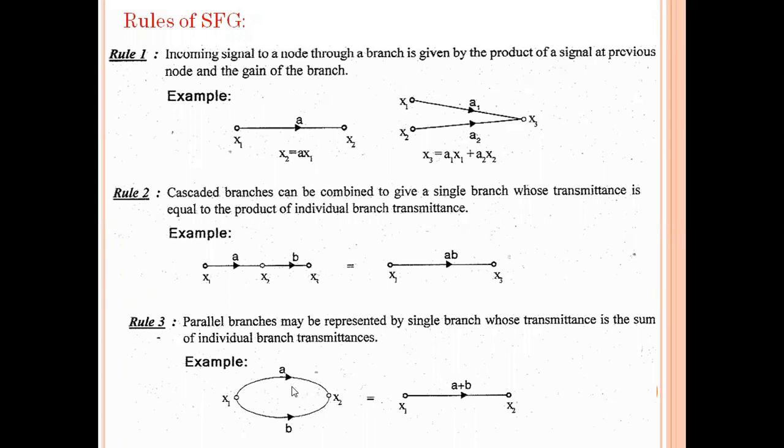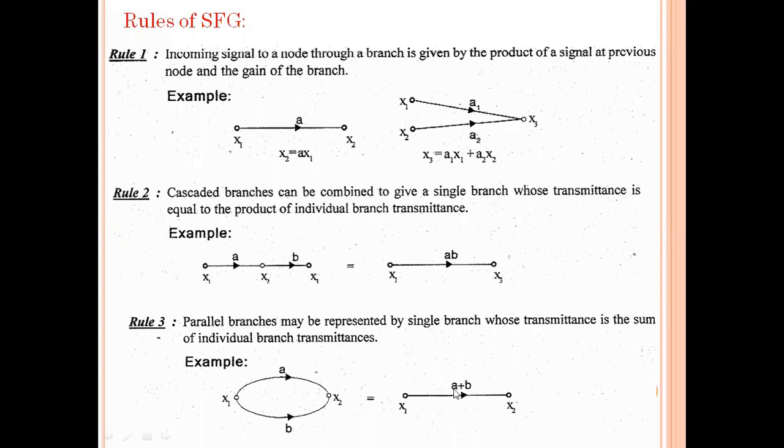That means these two are in parallel. So when we see parallel connections, the parallel branches can be replaced by a single branch whose overall gain is the addition of the individual branch gains. So A here and B here, and the overall gain of these two branches will be A plus B.